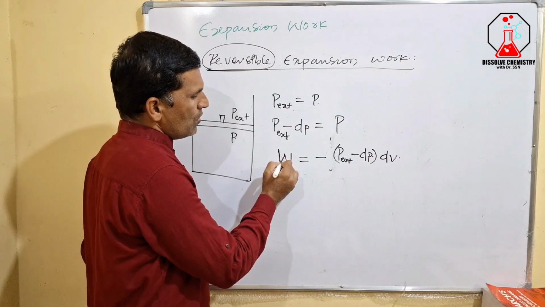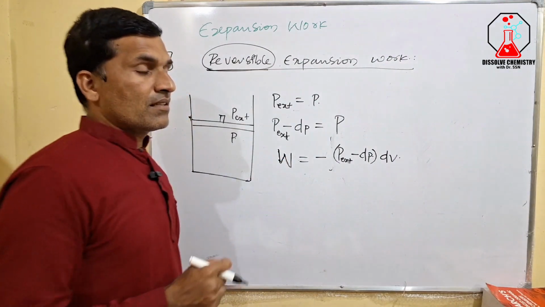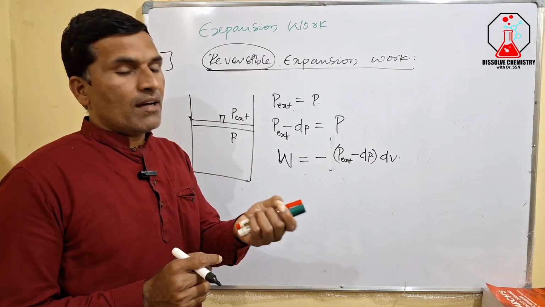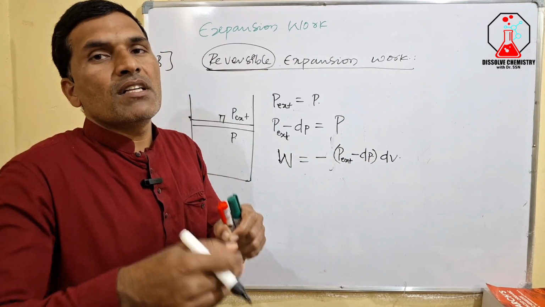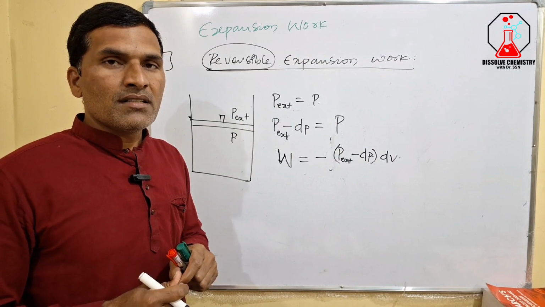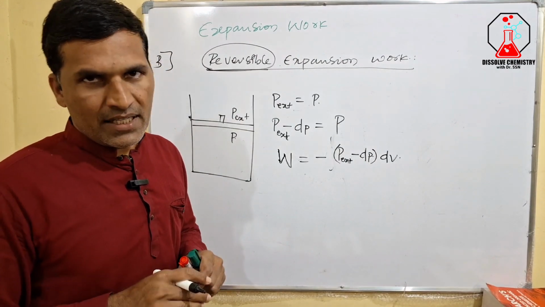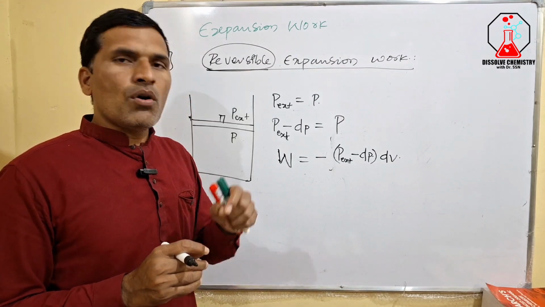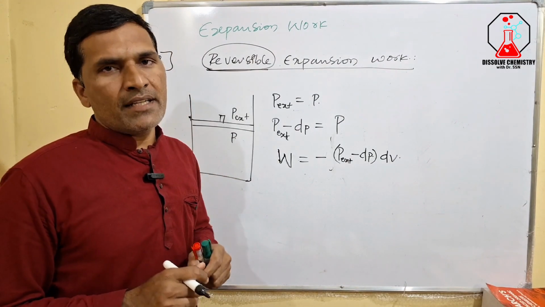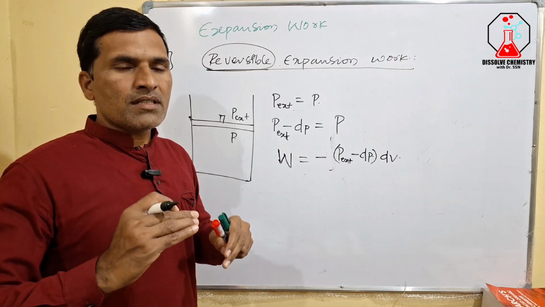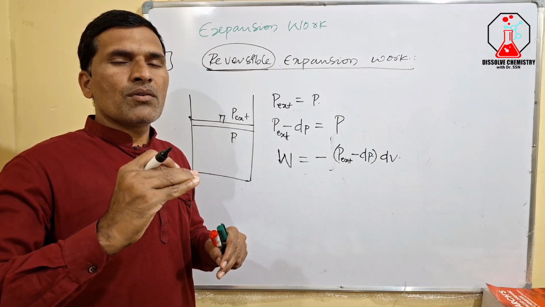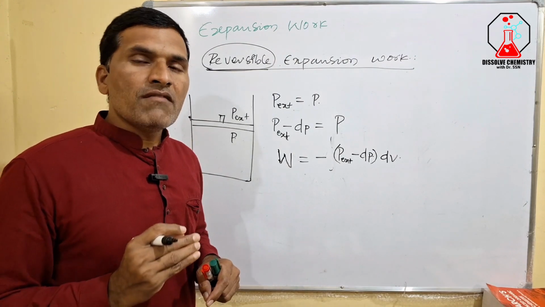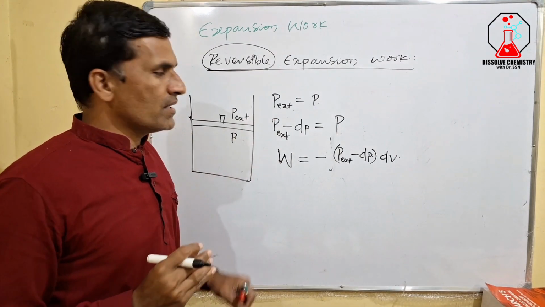Similarly, if you raise the external pressure infinitesimally, then once again you can move back. That is nothing but a reversible case. So if you go on slightly varying the external pressure, step by step, in multiple steps, slowly, your system will do work against the external pressure.